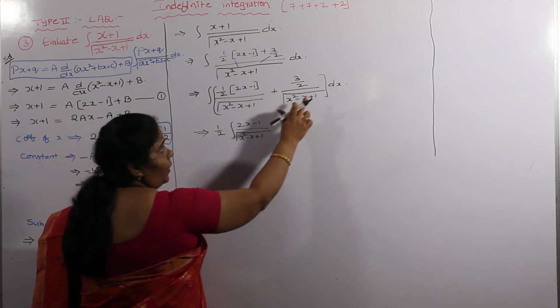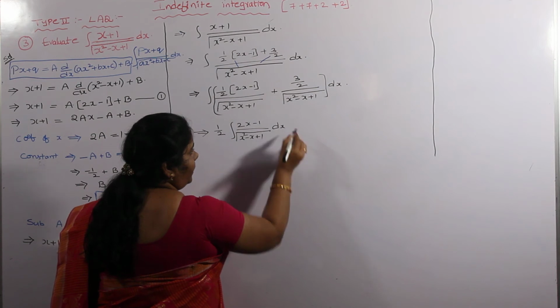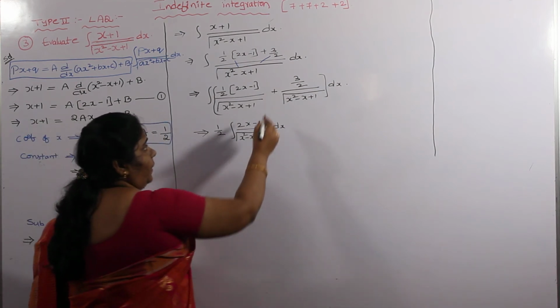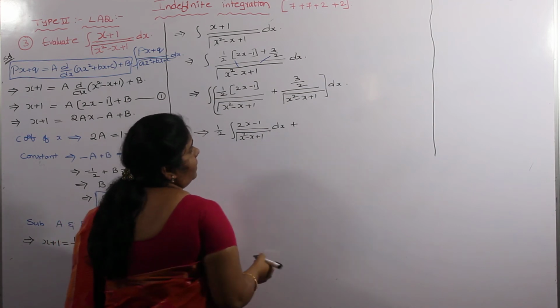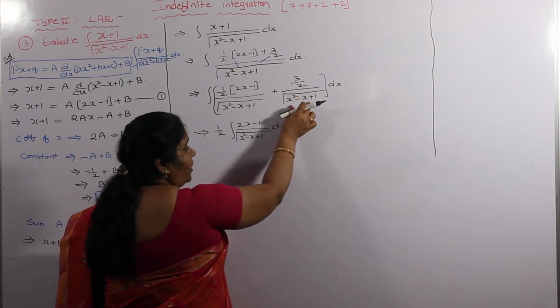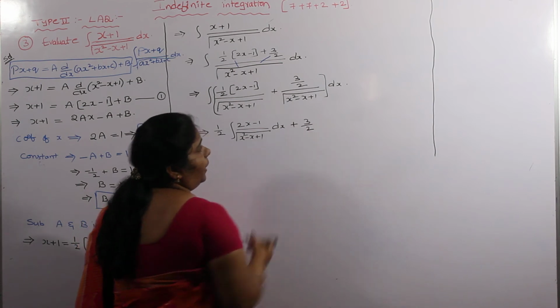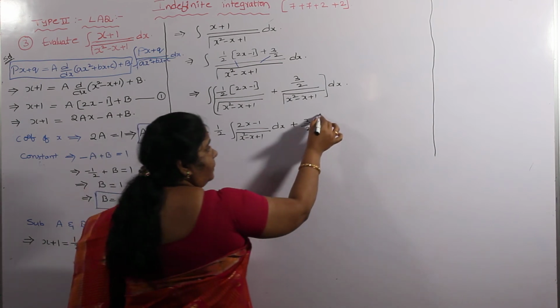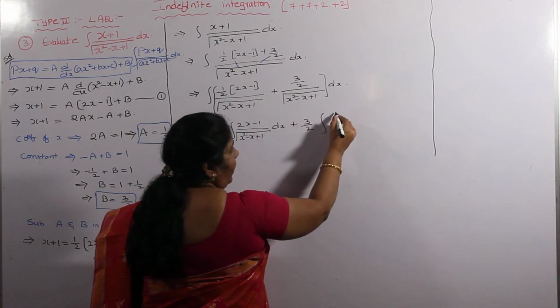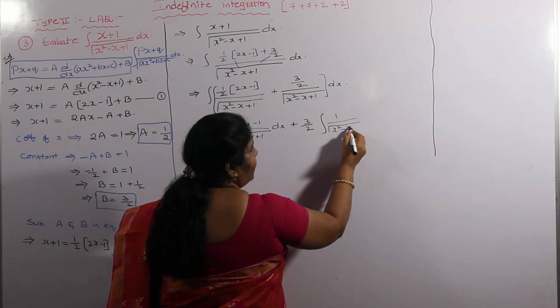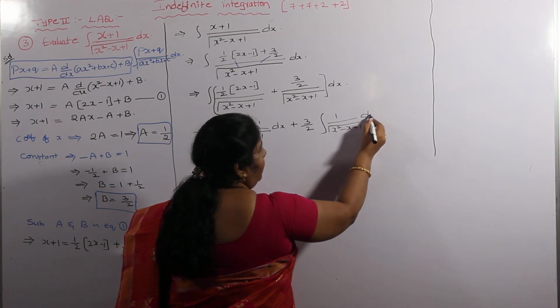After the integration we are writing dx. Here we have plus, so I am making plus. Integrating this function also, here 3 by 2 is a constant, so I am taking it out. Remaining is the integral of 1 by root over x square minus x plus 1 dx.